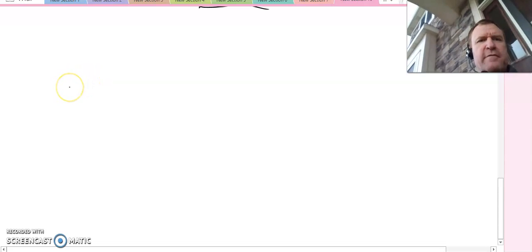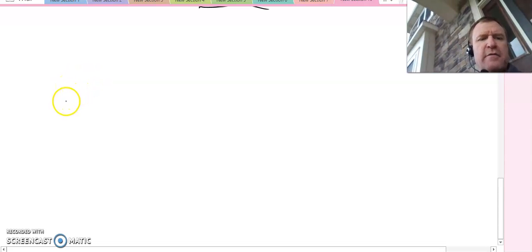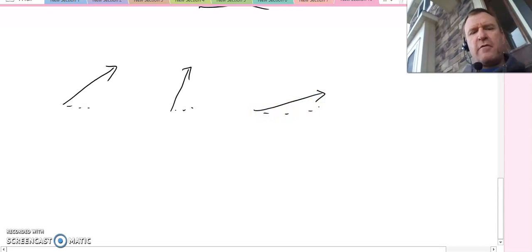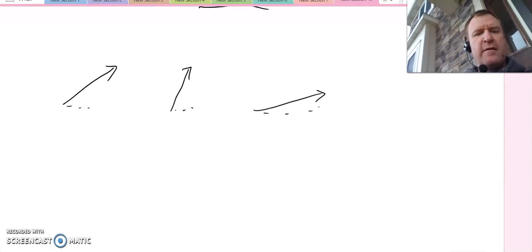Now for the lab, we launch things off the flat ground. So something like this versus something like this versus something like, let's say, that. Let's say they're all launched on the ground and land on the ground. Which one will spend the most time in the air?